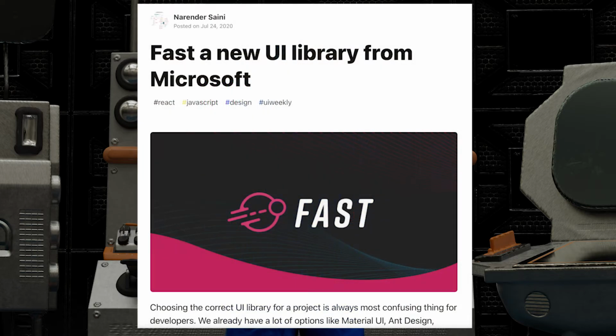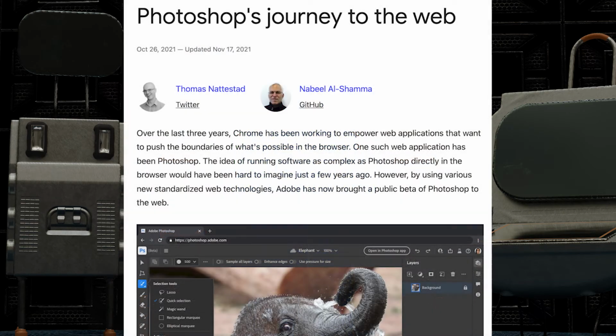And this is the point where I'm starting to get skeptical, a little scared, because the headlines that came next were troubling. Fast, a new UI component library from Microsoft. Well, that's cool. I mean, component libraries are what web components should be best at. I'm glad that Microsoft is getting into the game. And Adobe. Oh my goodness. Adobe built Photoshop on the web with web components.